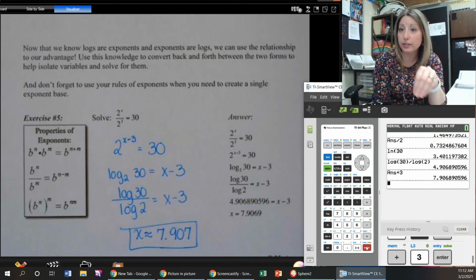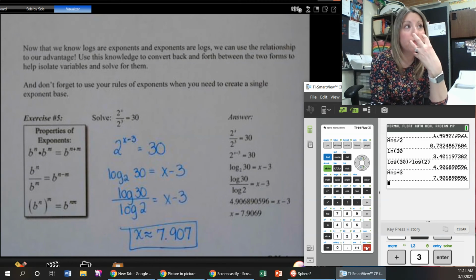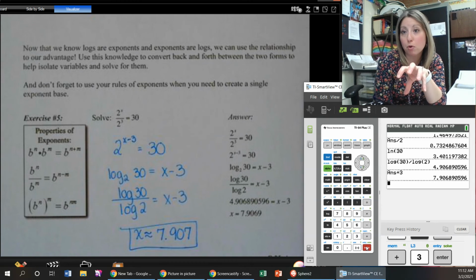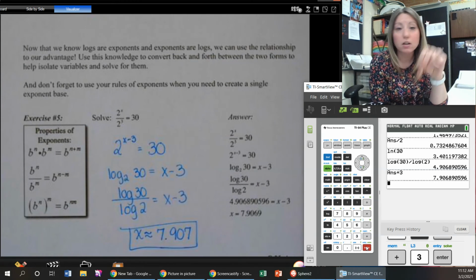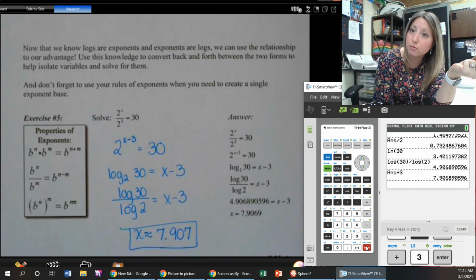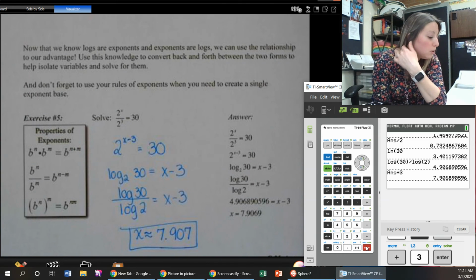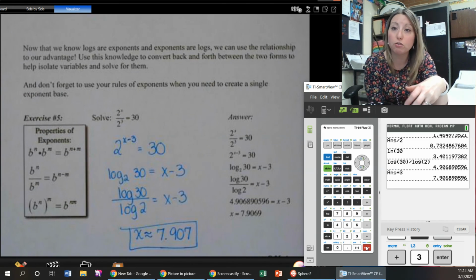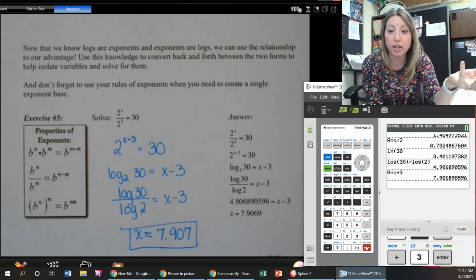So this time when you go and practice, I want you to practice with the mindset of changing the exponents into logarithmic form. So you don't have to get like bases. You just have to convert your exponential form into logarithmic form and then use the change of base formula. You're going to be required to write out your change of base formula on your test, so this is a great place to practice that.